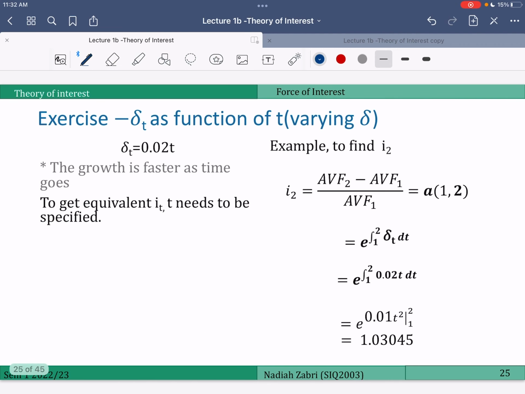Moving on, let's do an exercise where the delta function is a varying delta, so it's a function of t. If you do the accumulation function, the delta may be lower at the beginning compared to the one with constant delta.